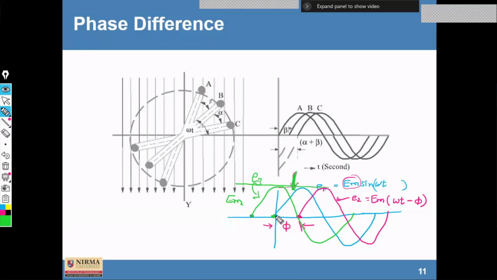With reference to this, we can write expressions for E2 and E3. Em is the same in all three quantities, so E3 is Em sine omega t plus phi. Agreed? Any questions so far?